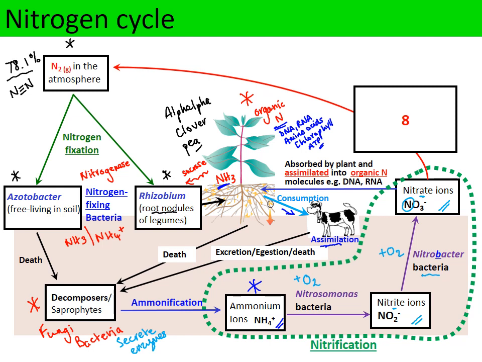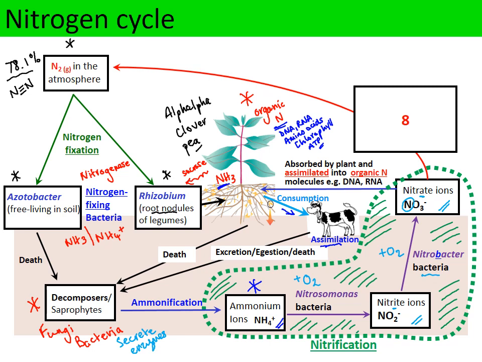So this step here in green with a dotted green line, we can just kind of look at this here. This is called nitrification. And this is where two types of bacteria are responsible for taking in essentially ammonium ions and converting the ammonium ions to nitrite, which is Nitrosomonas, and then Nitrobacter converts the nitrite ions to nitrate.